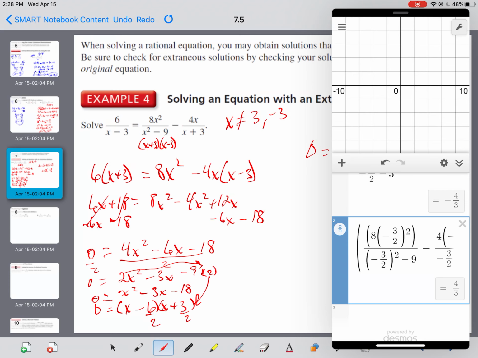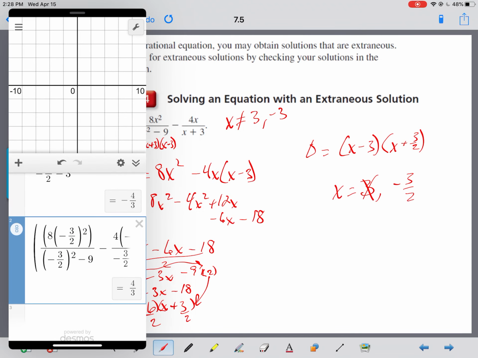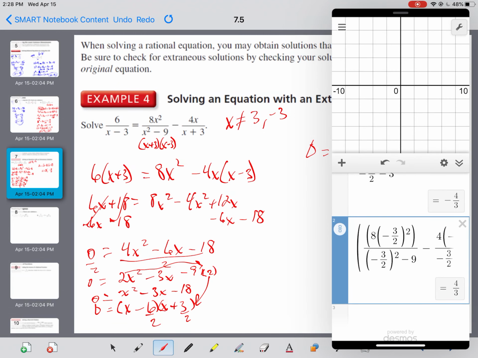So do either work? Do none work? What happens there? Was it negative 3 over 2? What happened? It's got to be a negative 6. Supposed to be positive in the middle.